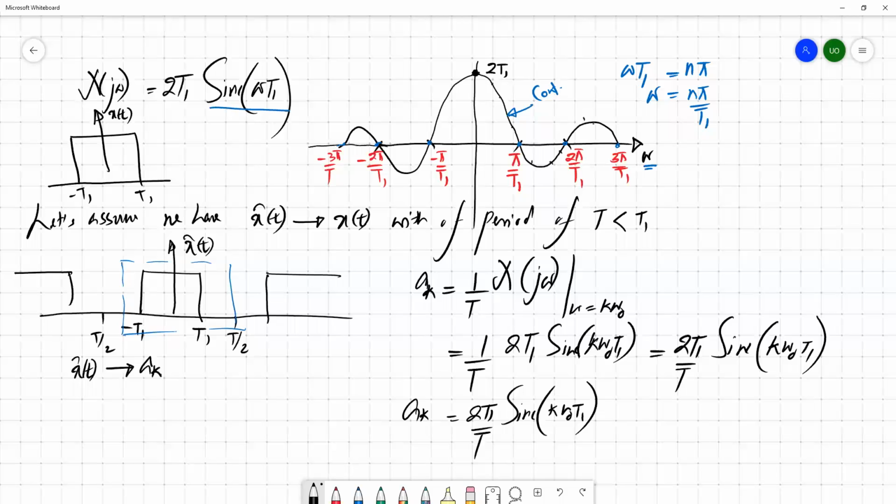So you can easily get the discrete version of this continuous signal by picking the relevant samples. So this would be like a discrete signal. This is the Fourier series of this x tilde. And this is the Fourier transform of x t.